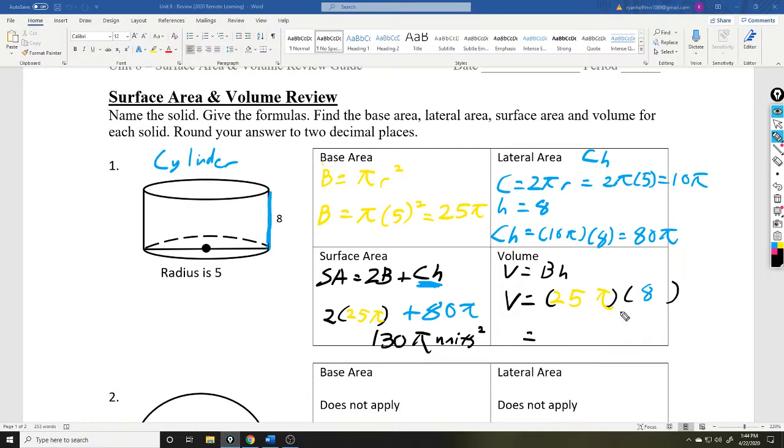So volume is going to equal, let's see, 8 quarters. So if I have 8 quarters and I have $2, 200 pi. And that's units cubed for volume. That's number 1.